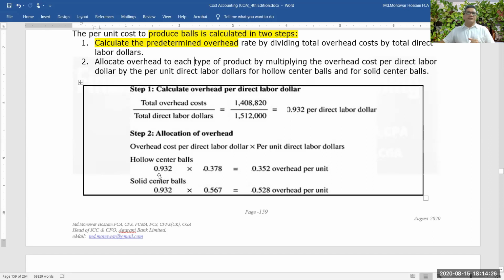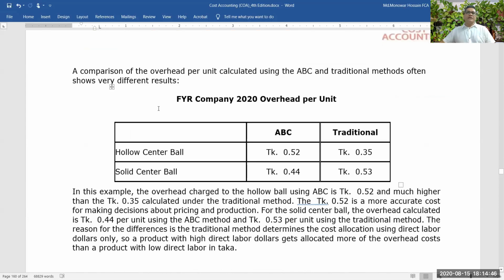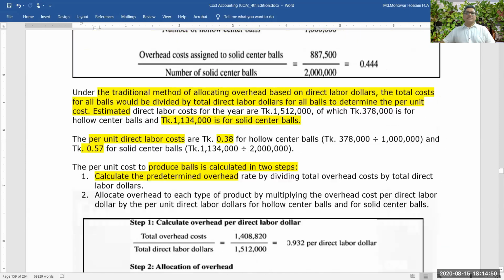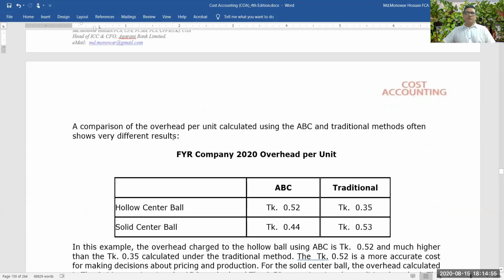So it comes here, hollow center, overhead cost per direct labor dollar, taka 0.352 overhead per unit, and solid 0.528. So both rates. So now look here, this is for the traditional and this for the activity based. So look here, what is the difference? So if we compare here, it is very much resulted here.